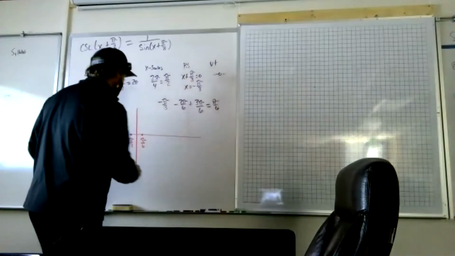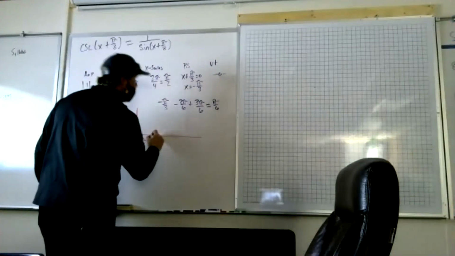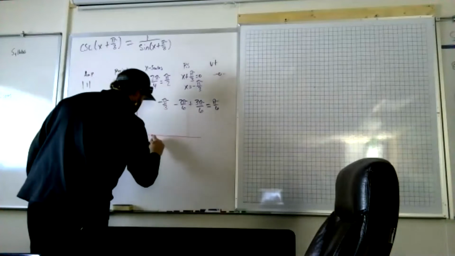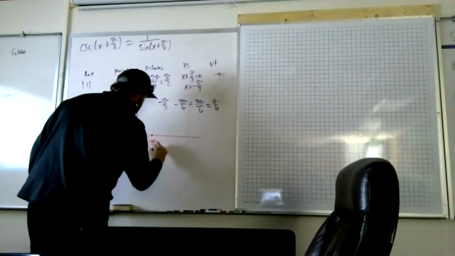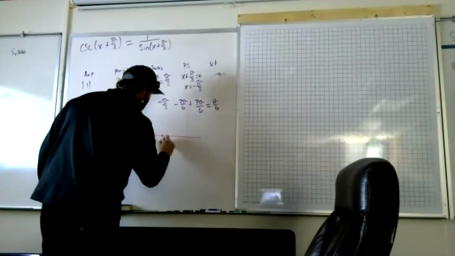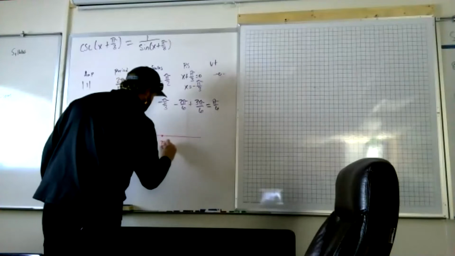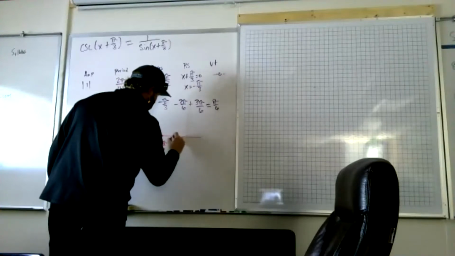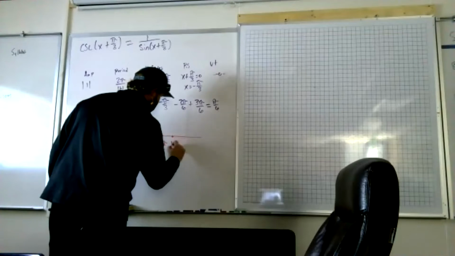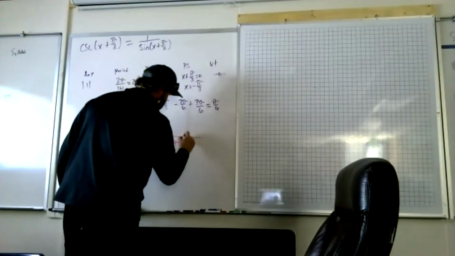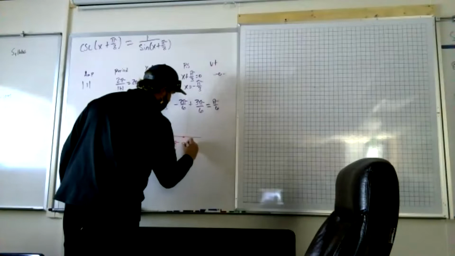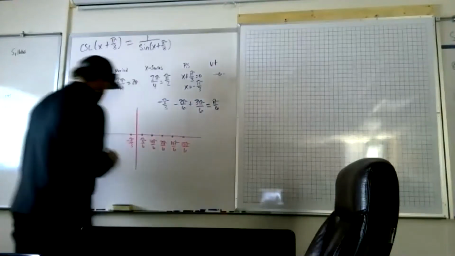The next one after that, I add 3 pi over 6, that's going to be 4 pi over 6. The next one after that, 7 pi over 6. Next one after that is 10 pi over 6. Next one after that is going to be 13 pi over 6.